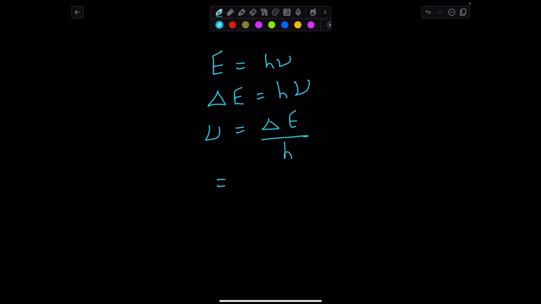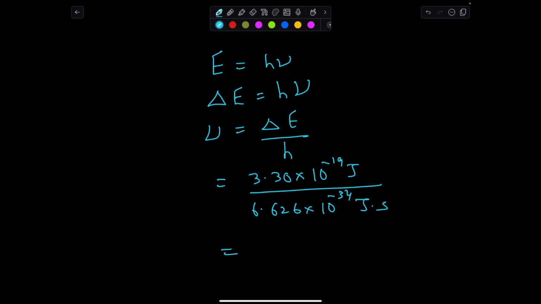By substituting the values, we get 3.30 times 10 to the negative 19 joules over 6.626 times 10 to the negative 34 joule seconds. This gives us a value of 4.98 times 10 to the 14 per second.